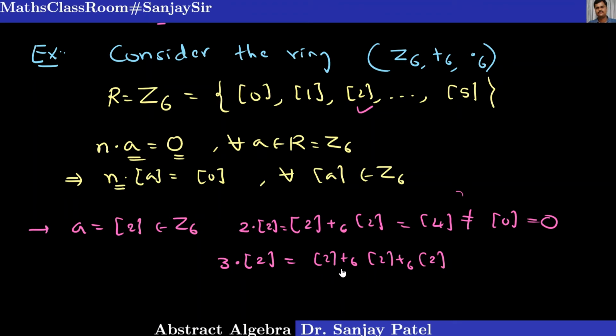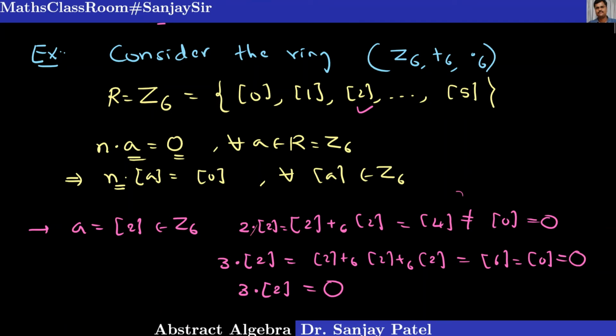You can add one by one, by taking pairs, or you can add all the numbers together. 2 plus 2 plus 2 is 6, and 6 is the same as class 0. So we are getting 0 here. What I have proved here is 3 times class 2 is equal to the element 0.